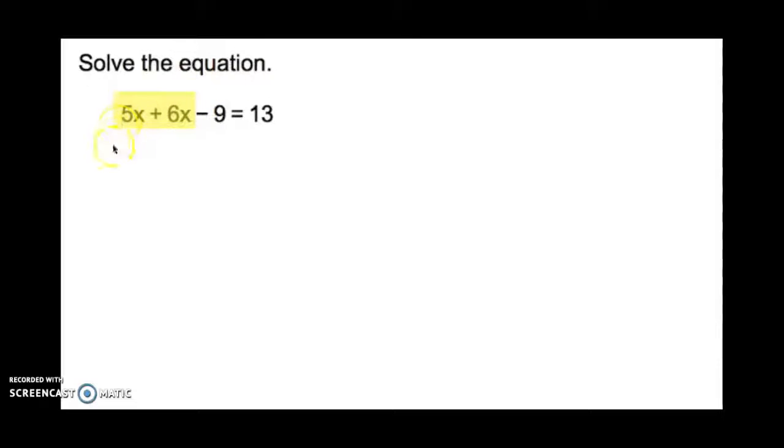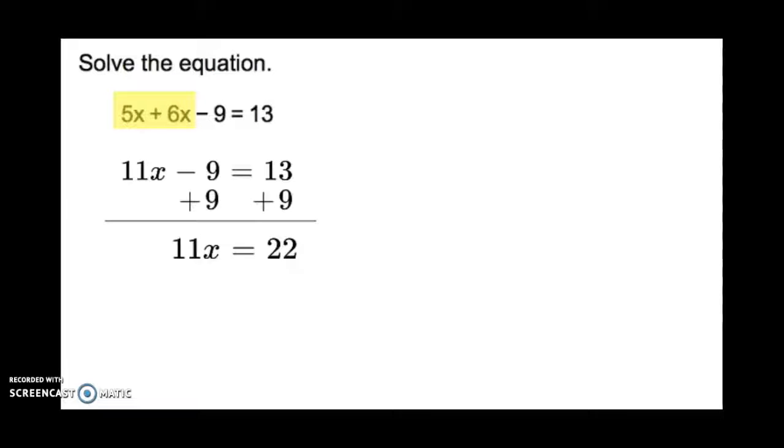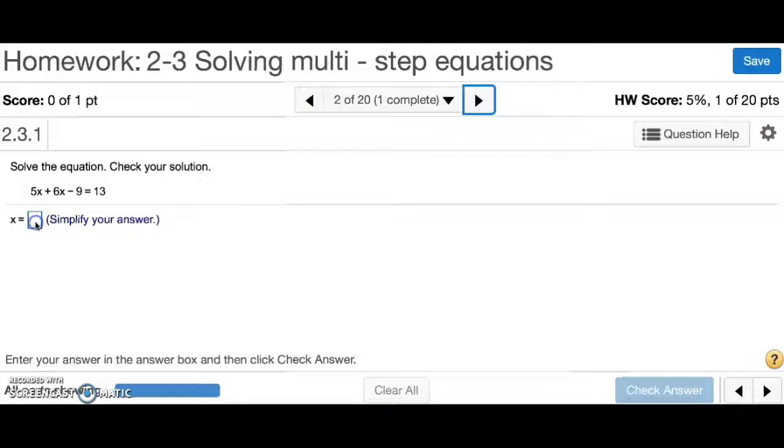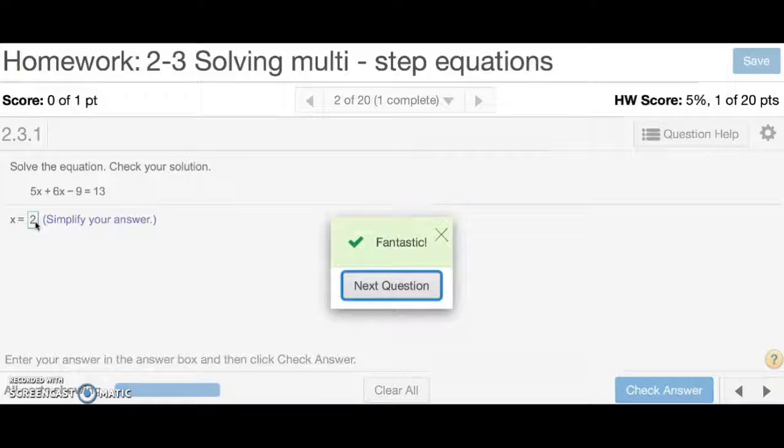So we add them, 5x plus 6x, which is 11x, minus the 9 equals 13. Now I would add 9 to both sides, which will give me 11x equals 22. Divide both sides by 11, and I'm left with x equals 2. And that's my answer for number 2, so let's type that in. Typing it in, and 2 is the answer for number 2.